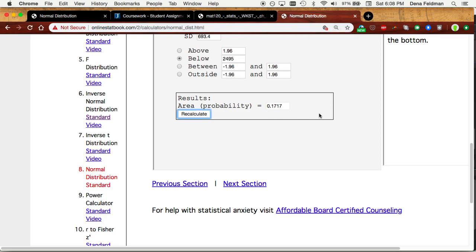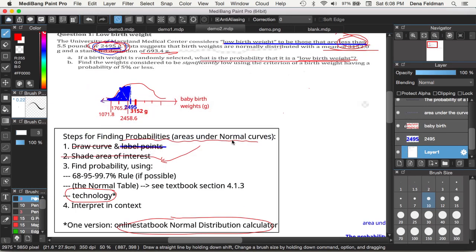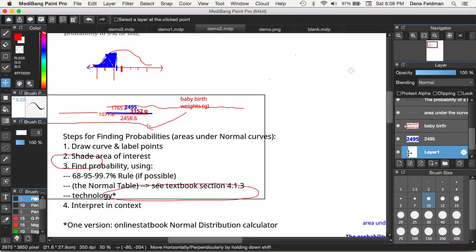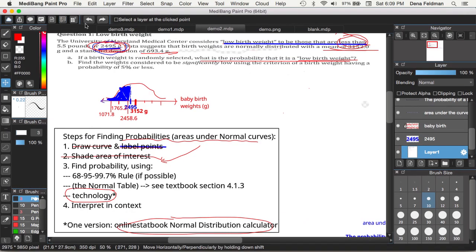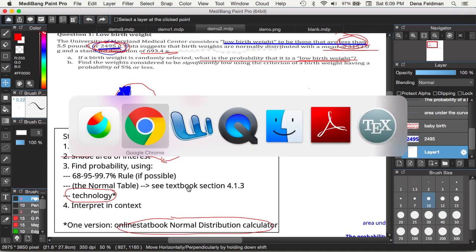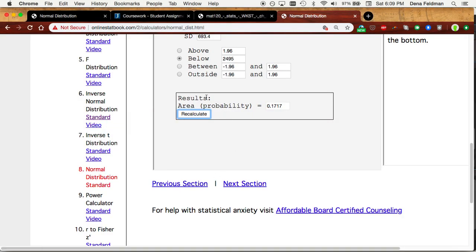0.1717. So that tells me, as I look back to this picture, that of all the area under my curve, the blue curve, oh, I'm so sorry, let's go back to here, I need to see it again. Okay, it's told me that the area, the probability, is this number.